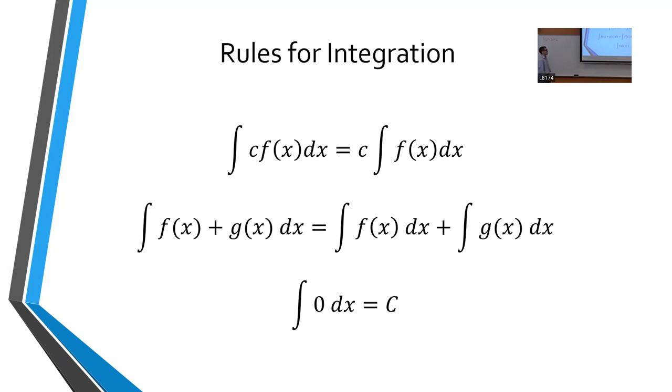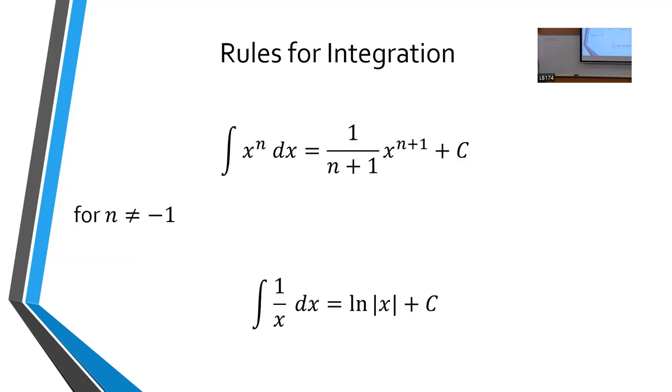When I integrated the 4x plus cosine of x, I integrated the 4x part, and then I integrated the cosine x part. Okay. And then lastly, anytime you're integrating, you have to have a constant, so that's the thing that's forcing us to do the plus c on the end of everything.